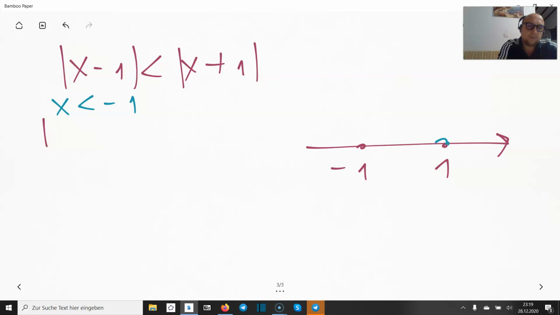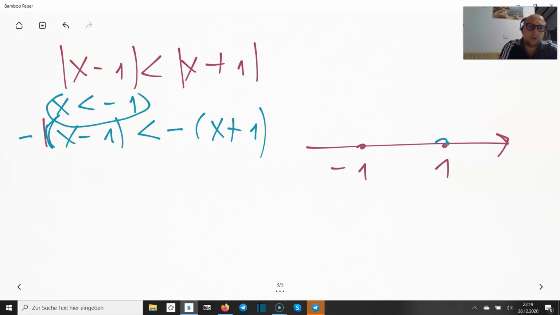Well, you see, we're having like minus 2 or something here, so it's for sure negative. So we basically have minus x minus 1 less than, we are less than minus 1, it's also negative, so minus x plus 1.